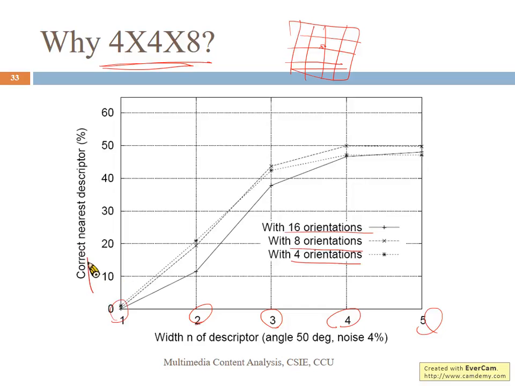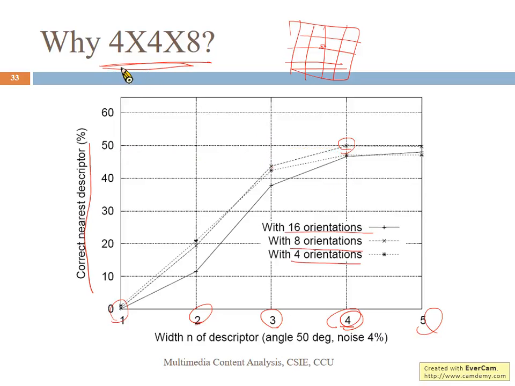The y-axis is the correct nearest descriptor rate. Okay, and then we can see when we divide the big patch into 4 by 4 smaller patches, and when we use the 8 orientation histogram, we can achieve the best performance.